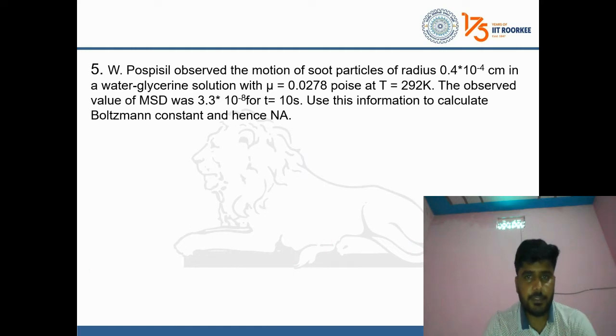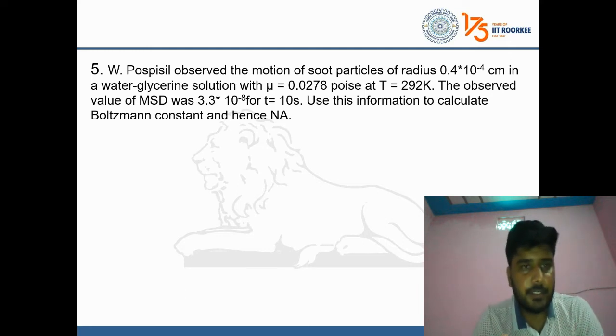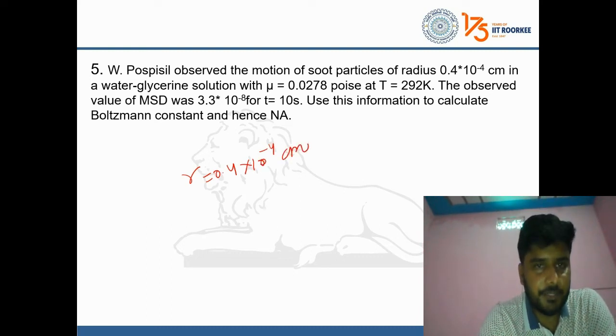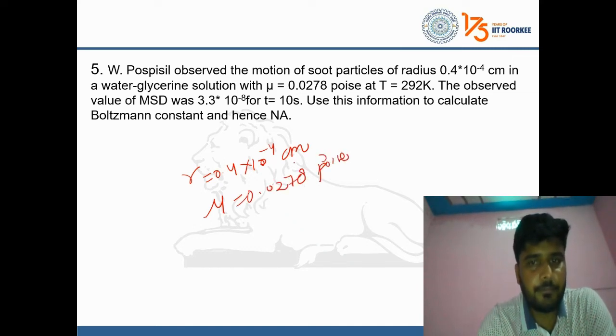So this is the next question. One scientist, Perrin, observed the motion of soot particles having radius equal to 0.4 × 10^-4 centimeter in a water glycerin solution with viscosity 0.02 and T 292 Kelvin.